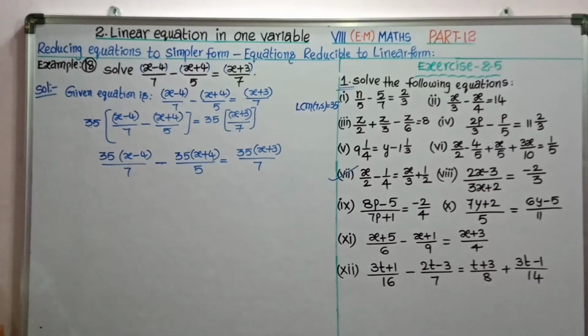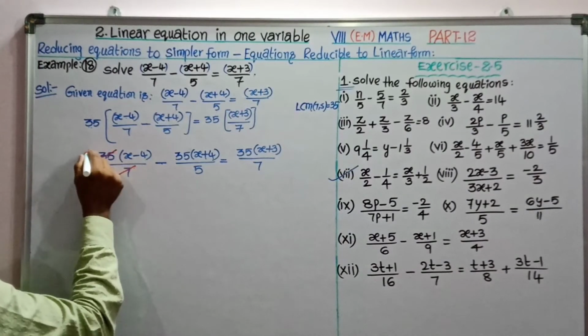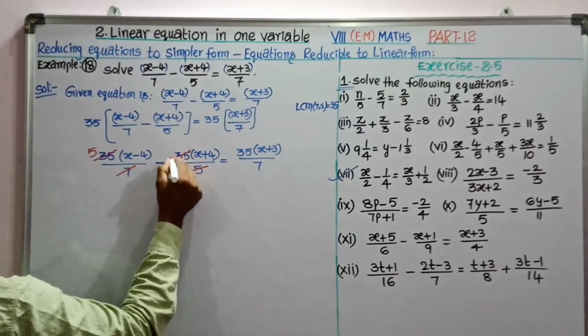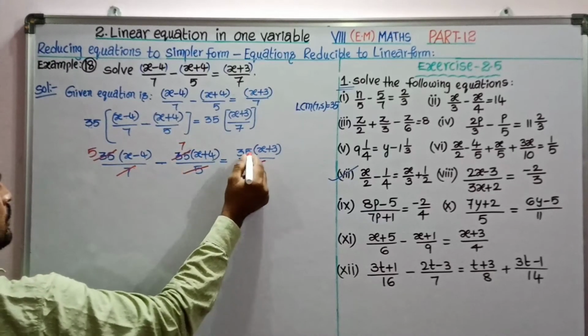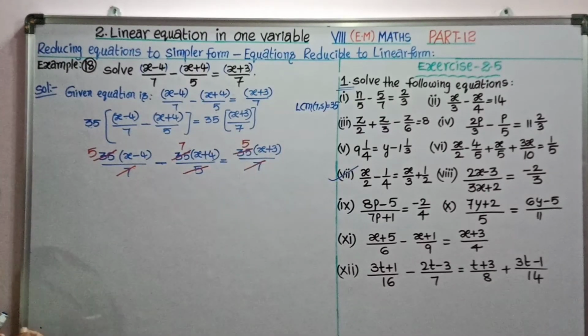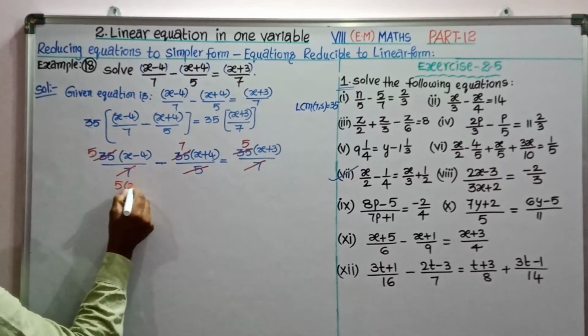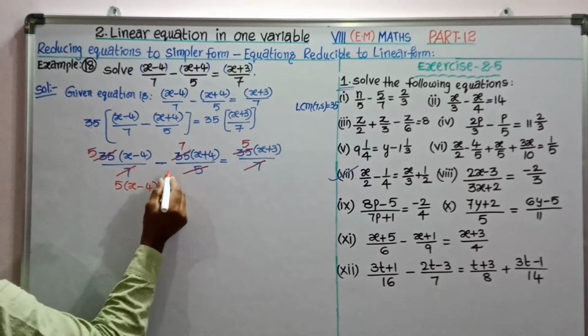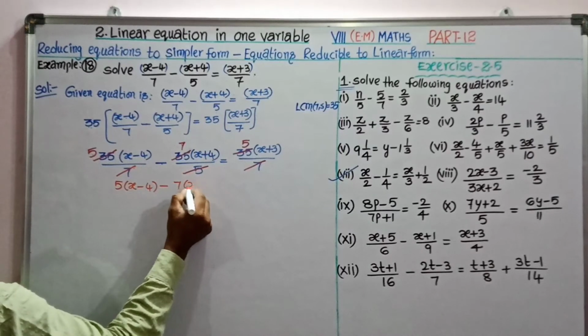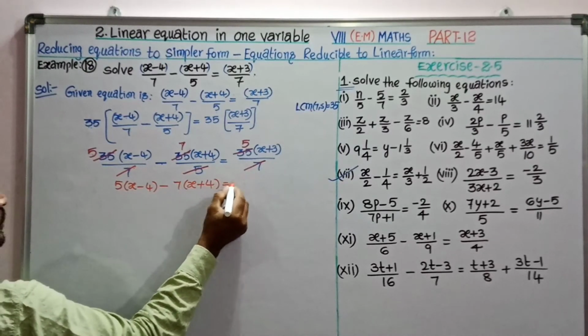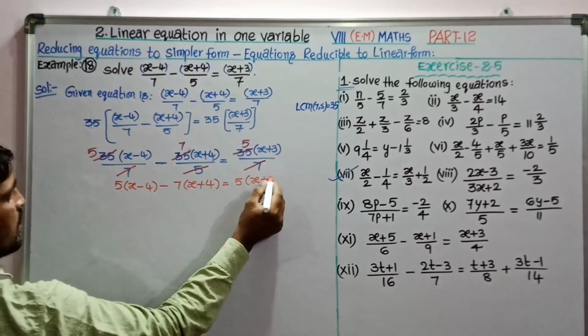Yes. Now 7 ones are 7, 5 are 35, 5 ones are 5, 7 are 35, 7 ones are 7, 5 are 35. That is 5 of x minus 4 minus 7 of x plus 4, which is equal to 5 of x plus 3.